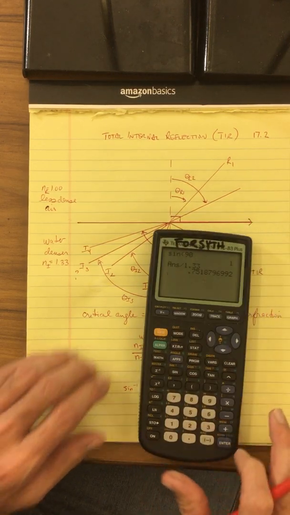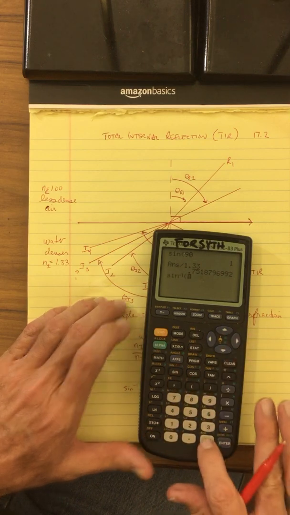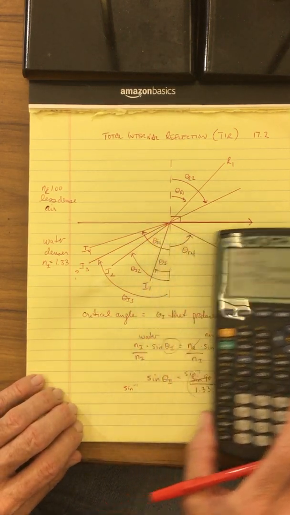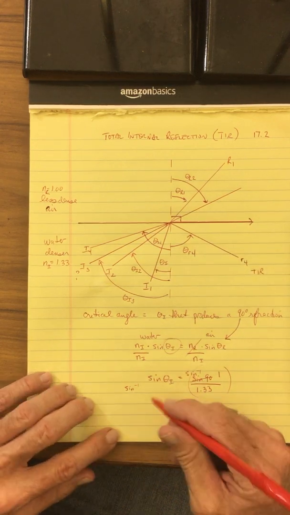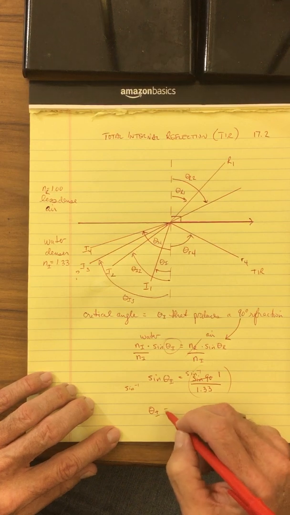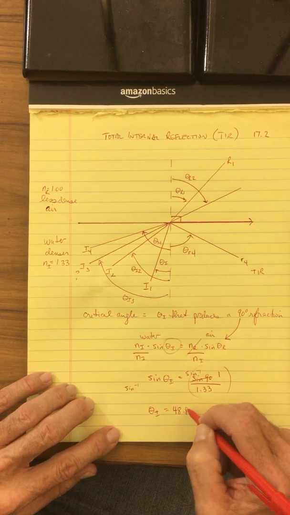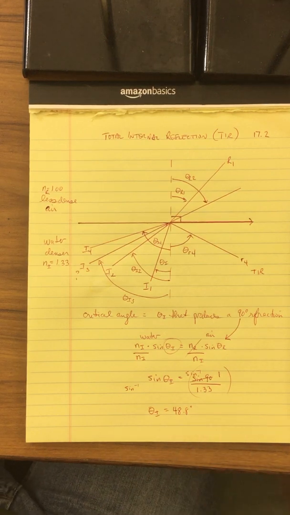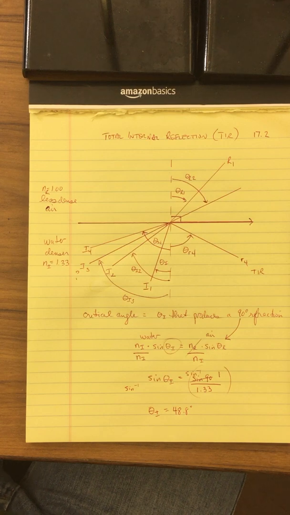So if we take the inverse sine of this, this tells us that it's going to be 48.75 or 48.8. So the critical angle is 48.8 degrees. Truly 48.75, because if it was 48.8, we'd actually be slightly beyond that critical angle.